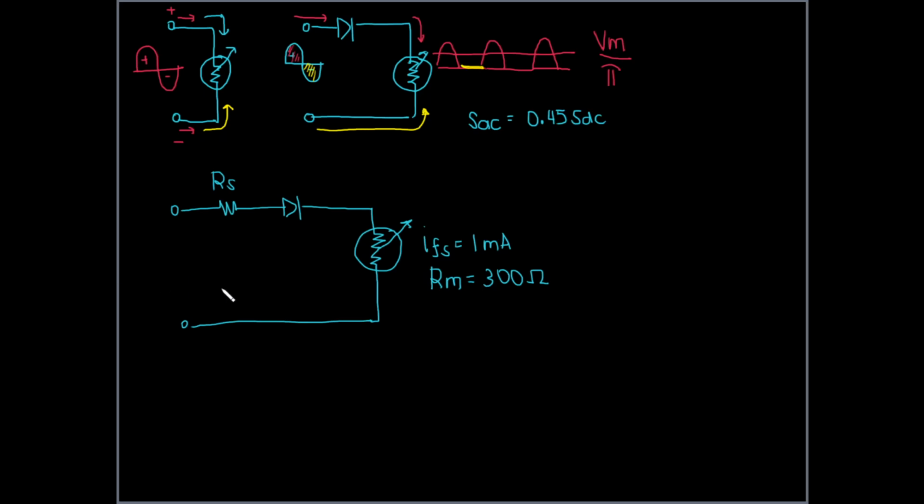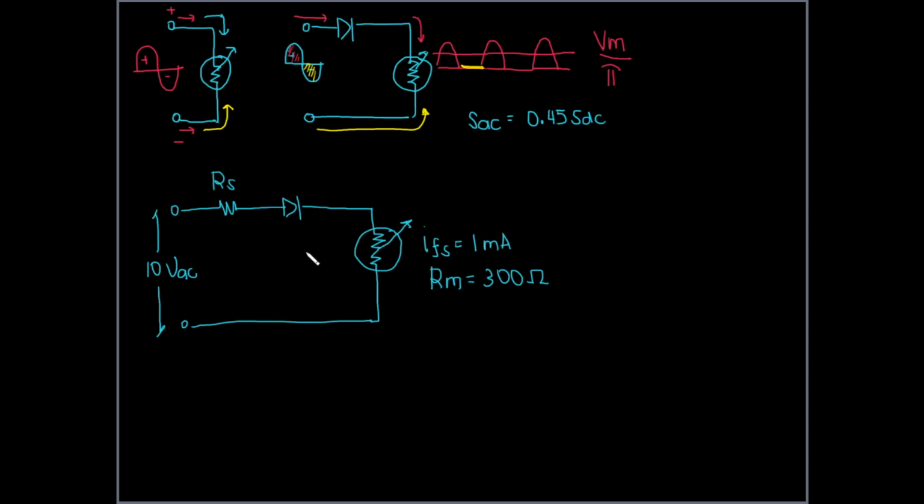There. We want a range of 10 volts RMS. So that's 10 volts AC or 10 VRMS. And that can only be done if the computation of RS is correct.